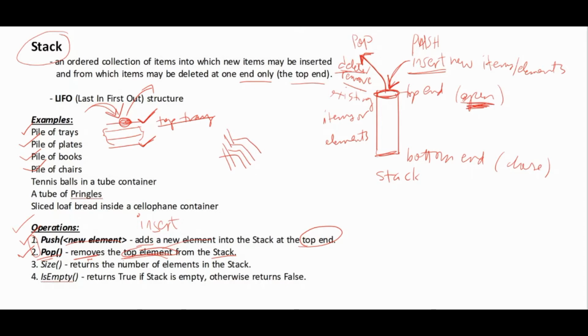When you get a chair, you normally by default remove the top chair, not the middle chair, and of course, not the bottom chair. When you add more chairs into that stack of chairs, you add on top. You don't get the top and then insert those new chairs in the middle. So it is always at the top end that you perform insertion, which we call push, and you also perform the pop, which is the delete operation.